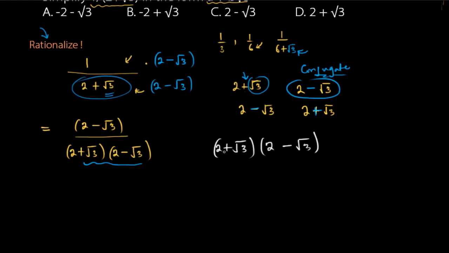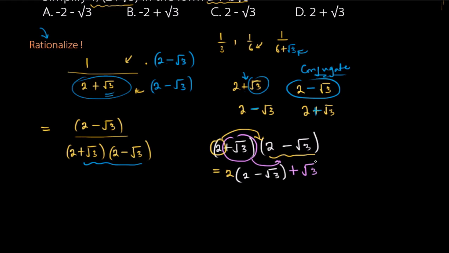To do this, you want to expand like you're expanding a normal algebraic expression. The 2 here is going to multiply the whole of this quantity first, so what you have is 2 multiplied by 2 minus square root of 3. And then the plus square root of 3 also multiplies the quantity, which is 2 minus the square root of 3.